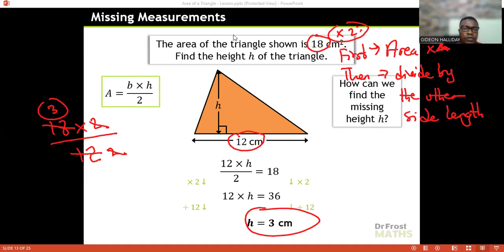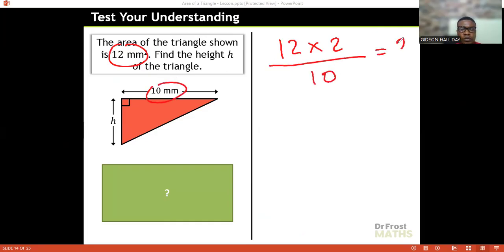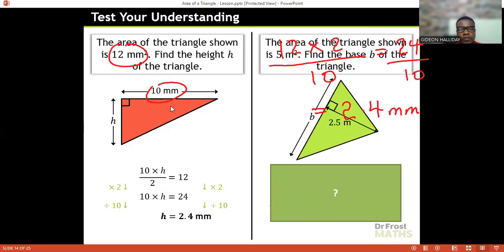Remember, multiply the area by 2. So 12 times 2, and then you divide by the other side. Divide by 10. So 12 times 2 is 24, over 10. That's 2.4 millimeters. I guess that works. Yeah, 2.4. See that?